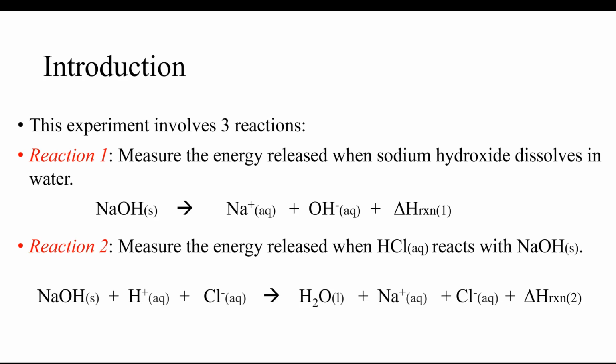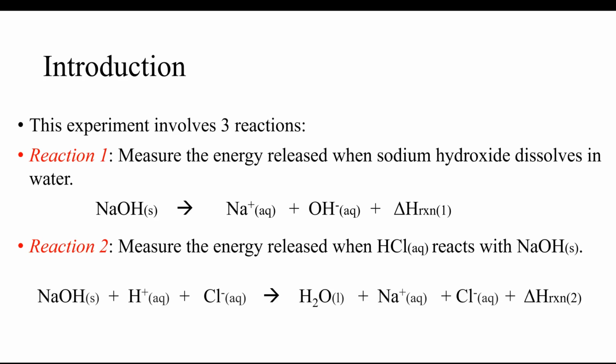You need the mass of the reaction mixture, in this case the mass of the sodium hydroxide that you use plus the mass of water. You place 200 ml of water, but the density of water is 1 gram per ml, so 200 ml of water is the same as 200 grams of water.